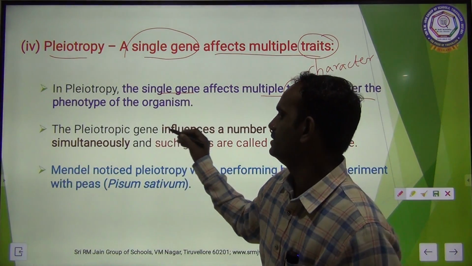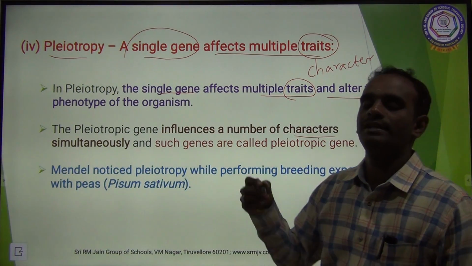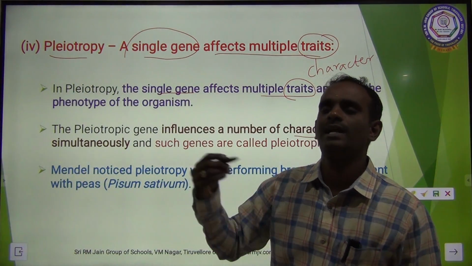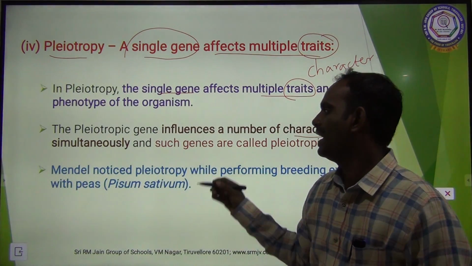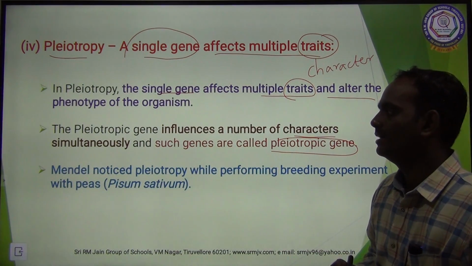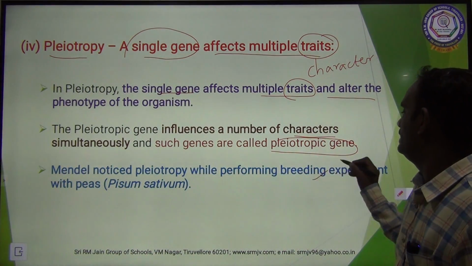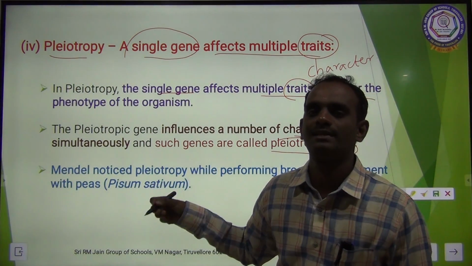The pleiotropic gene influences a number of characters simultaneously, three characters or four characters, etc. Such genes are called pleiotropic genes. Mendel noticed pleiotropy while performing breeding experiments with peas, Pisum sativum.